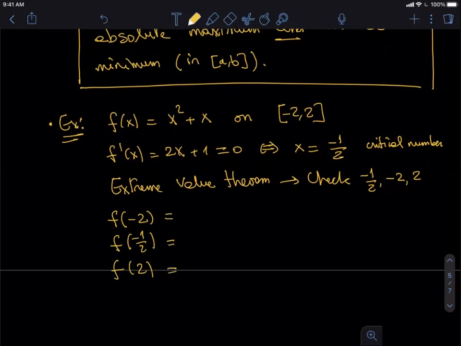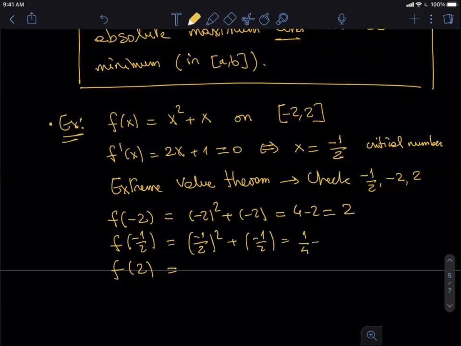So f of -2 is (-2) squared plus (-2). That means 4 minus 2, that's 2. f of -1/2 is (-1/2) squared plus (-1/2). That's 1/4 minus 1/2, negative 1/4. And then f of 2 is 2 squared plus 2, which is 4 plus 2, 6.